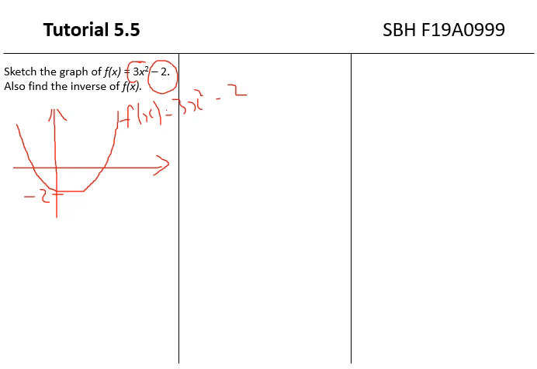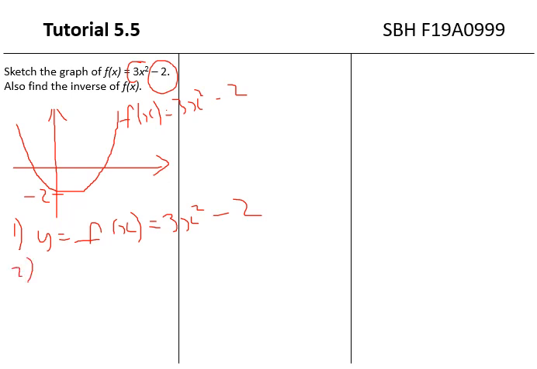Now we want to find the inverse of f(x). Remember the first step: we write the function y equals f(x). What is f(x)? It equals 3x squared minus 2.